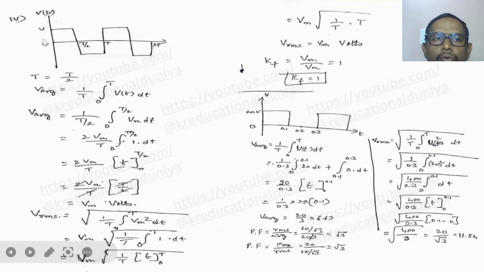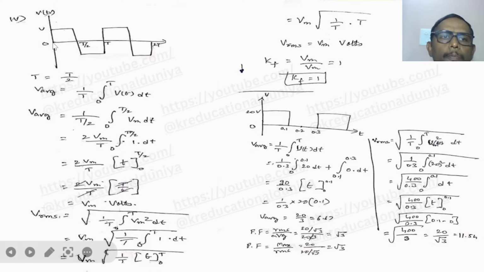In this full square wave the maximum value is V and the time period is T, 0 to T, right? So here for the average value, if you observe, the average value of a complete full square wave is 0 only, because plus V and minus V, the average will become 0.